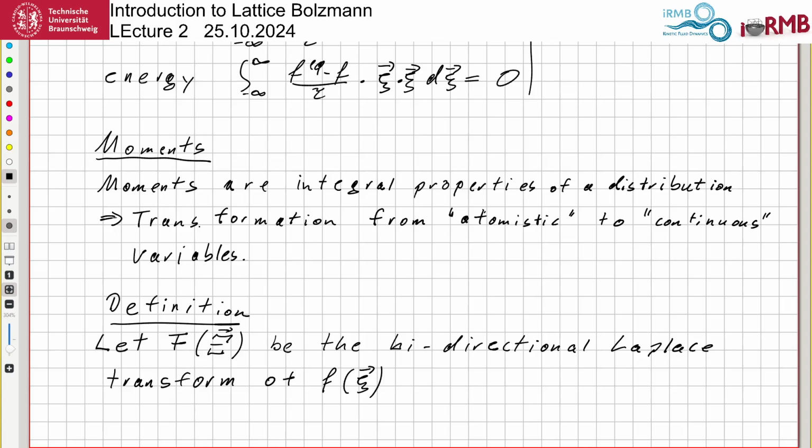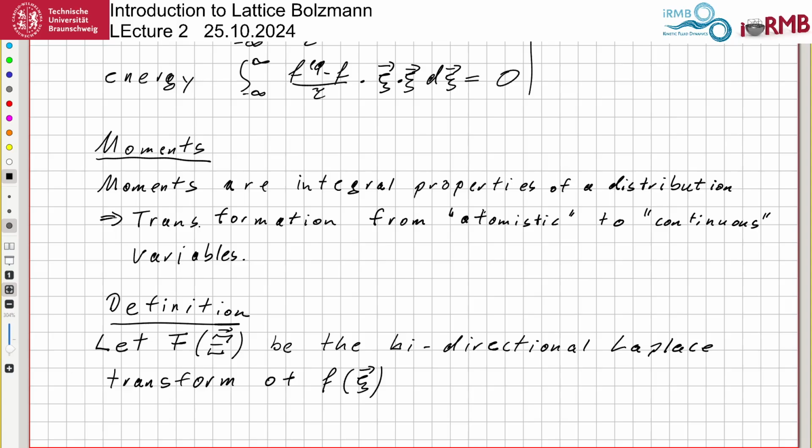So Laplace transform. Are you familiar with Laplace transform? Yeah? Okay, very good. Then you know you have a field, now distribution f, and this is a function in xi. So now we go to frequency space, and the frequency of this xi, the microscopic velocity, we call capital Xi. So this is the velocity frequency, if you will.